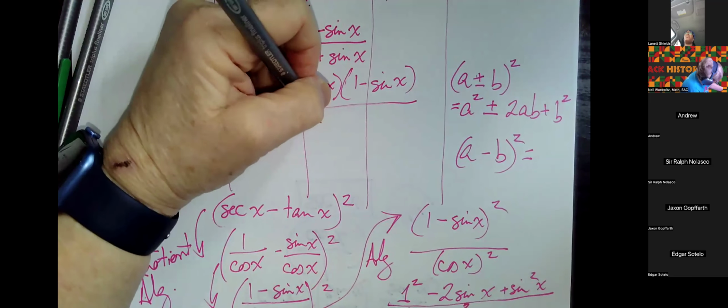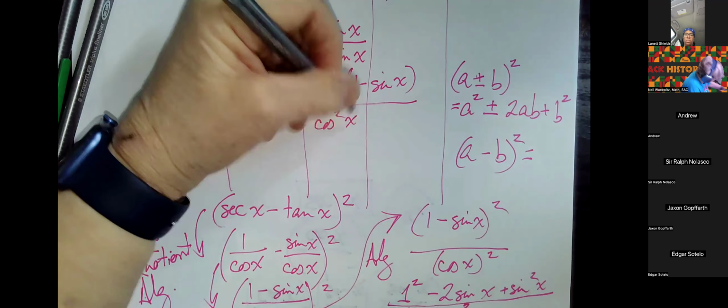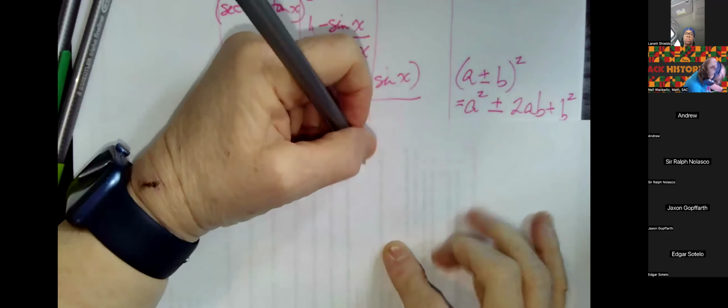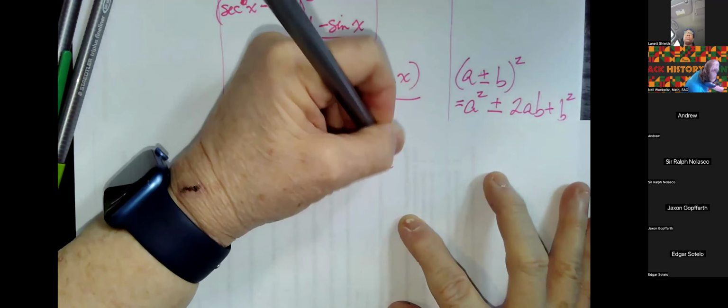In our denominator, we have cosine squared x. Golly, it's too bad we don't know a connection between cosine squared and sine squared. But do we? Yes. And what is that connection? Wasn't it like cosine squared plus sine squared equals 1?